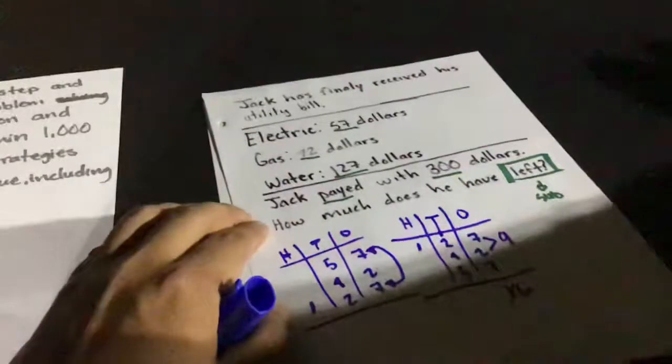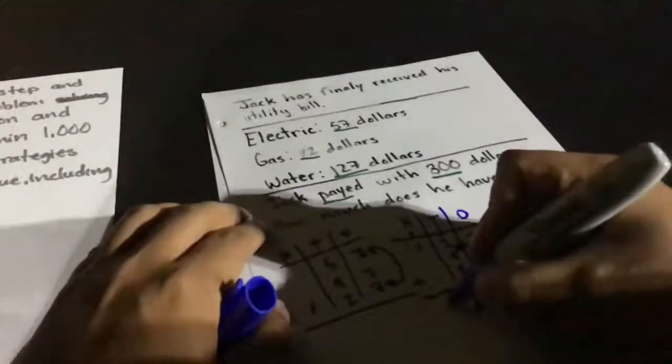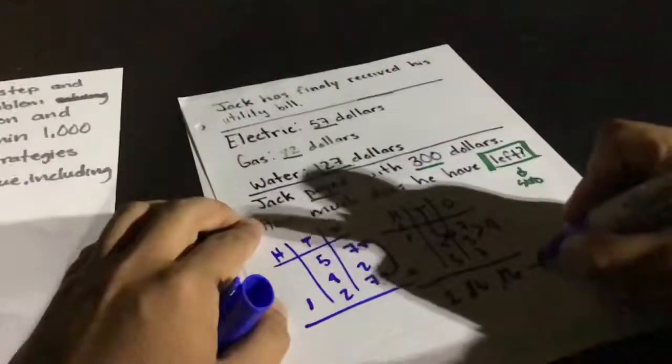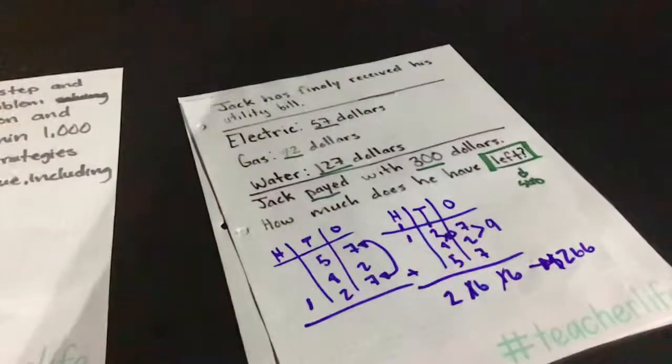Now, what I could do here to make it easier is 8 plus 2 equals 10, plus 5 equals 15, plus 1 equals 16. Same thing, take out the 1, carry it over. 1 plus 1 equals 2. So here we see that 266 is how much Jack spent in total.